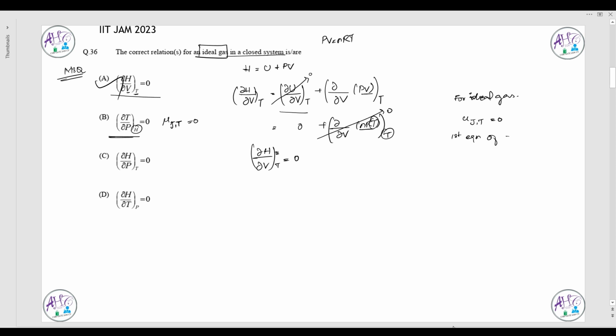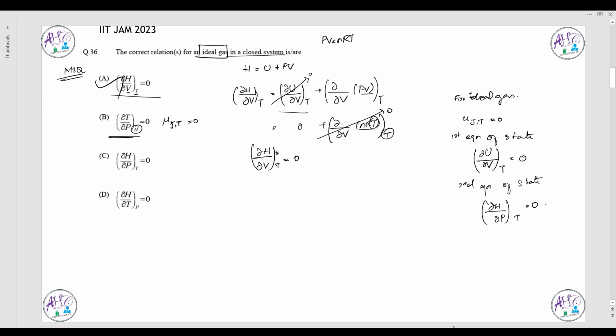Okay, your first equation of state என்னது is your change in internal energy with respect to volume at constant temperature. Okay, so this is also going to be 0 and your second equation of state. So second equation of state is going to be change in enthalpy with respect to pressure at constant temperature. This is also going to be 0.